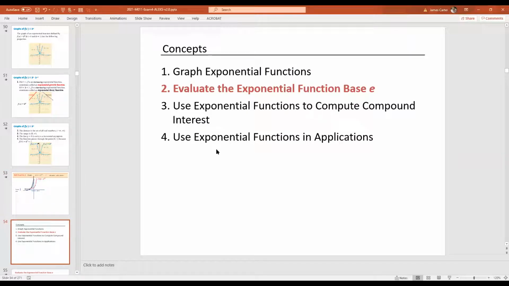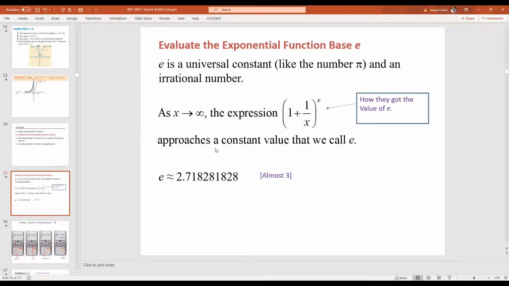Now, base e. This is how they came up with the value of e. e is a number kind of like pi. It just keeps on going forever. It never stops.